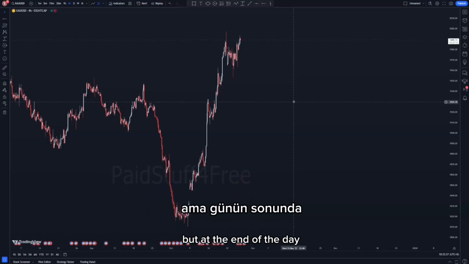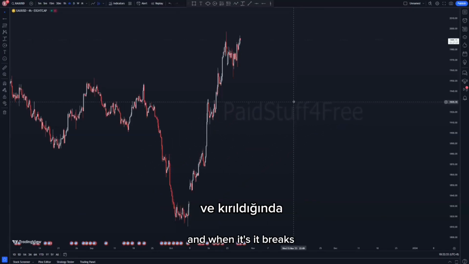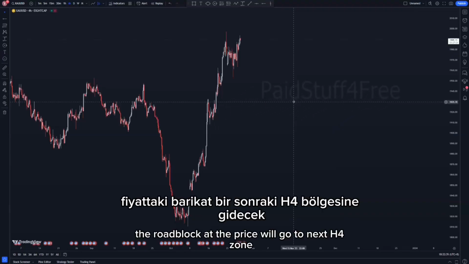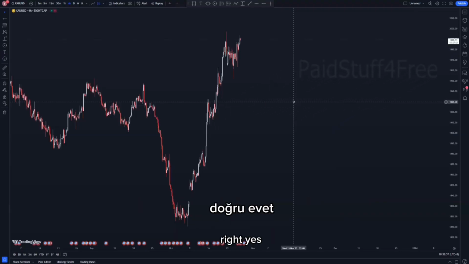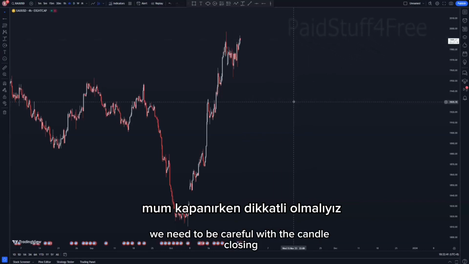At the end of the day, the price is going to move from H4 to H4. And once it breaks the roadblock, the price will go to the next H4 zone, right? Yes, but we need to be careful with the candle closing.